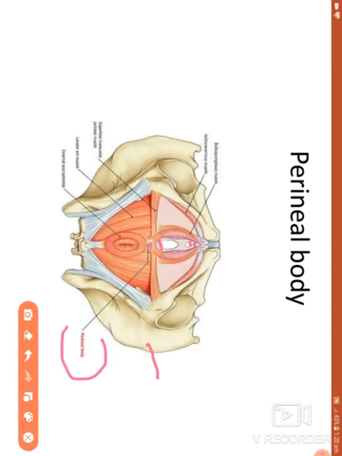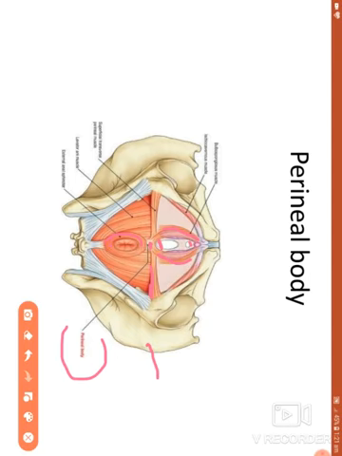It's a fibromuscular node where 10 muscles are anchored. One is the superficial transverse perineal, then the deep transverse perineal deep to that, then the bulbospongiosus. These are paired. Then the external anal sphincter.